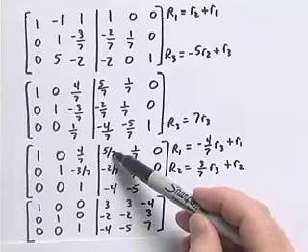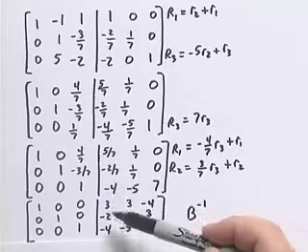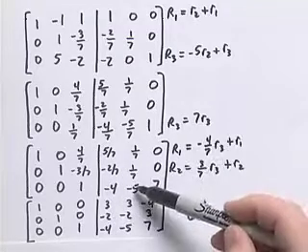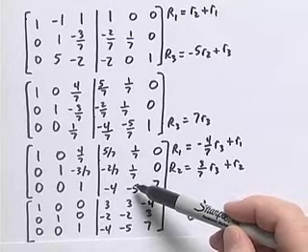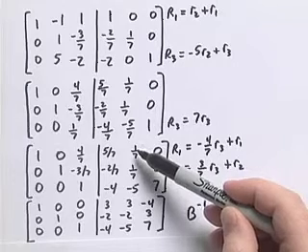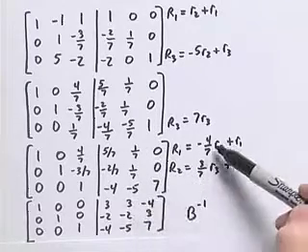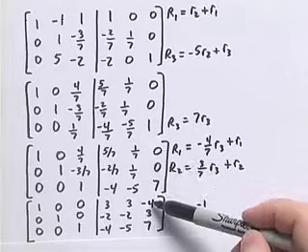We're going to add that to 5/7, which is going to give us 21/7, which equals 3. Negative 4/7 times negative 5 is going to give us positive 20/7. Add 1/7 to get 21/7, which is 3. Negative 4/7 times 7 is negative 4, plus 0 is negative 4.